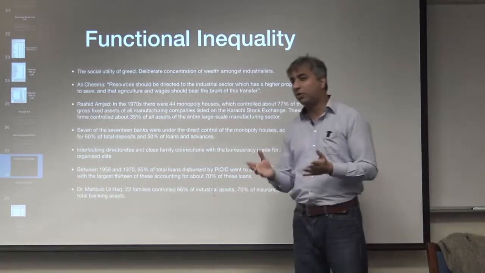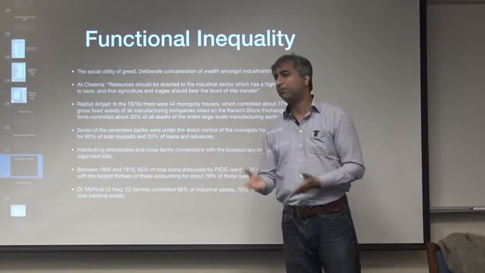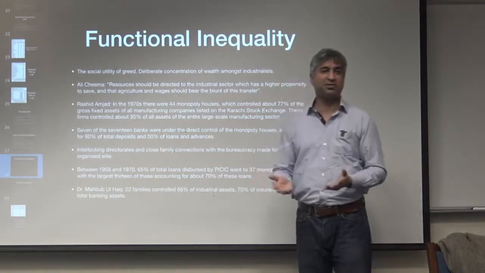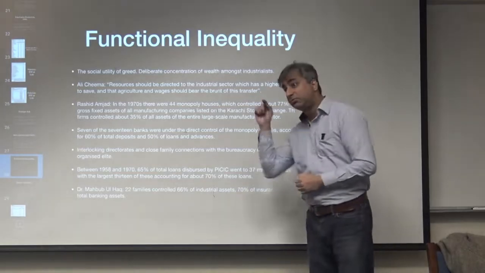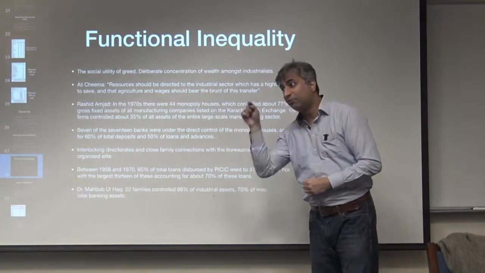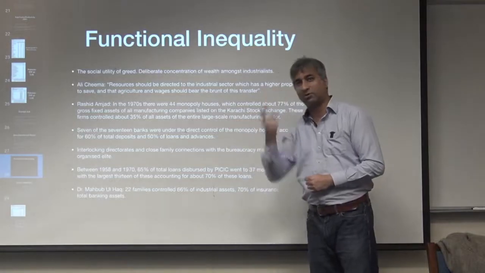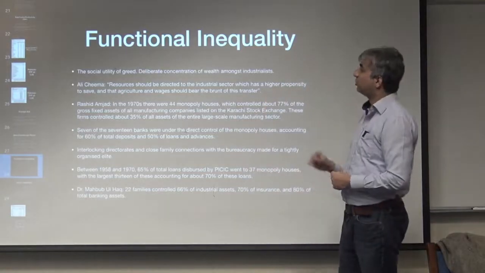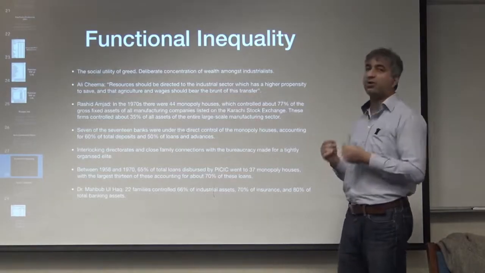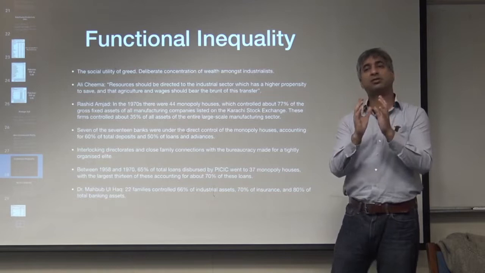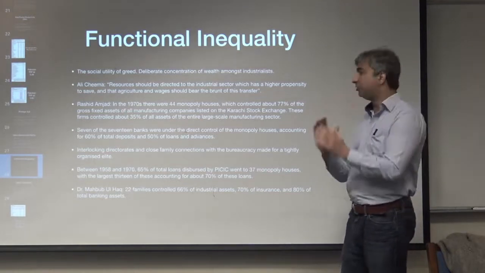Well, you have inequality because some people invest better, some people work harder, etc., right? But this is the government making sure that you have more inequality. Kind of seems counterproductive. But the logic of it was to utilize the social utility of greed. It's a deliberate concentration of wealth in a certain class. You're actually concentrating wealth.